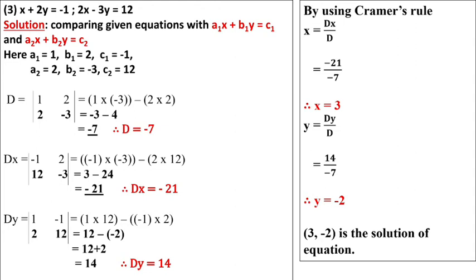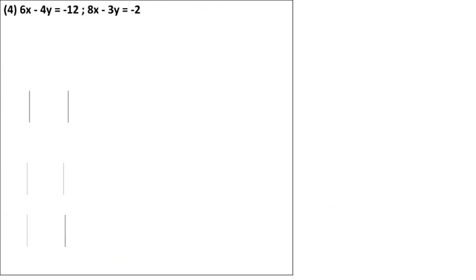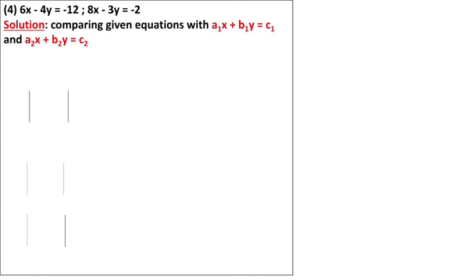The fourth equation is given: 6x minus 4y equal to minus 12, 8x minus 3y equal to minus 2. In the same way, by comparing these equations we get the a1, b1, c1, a2, b2 and c2.